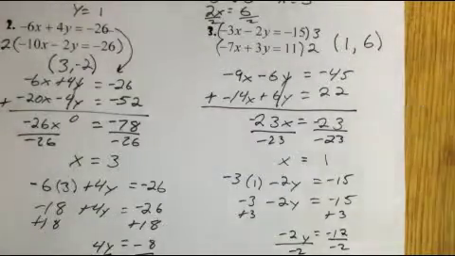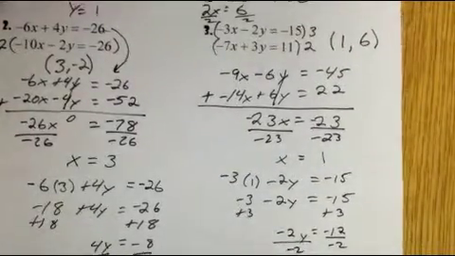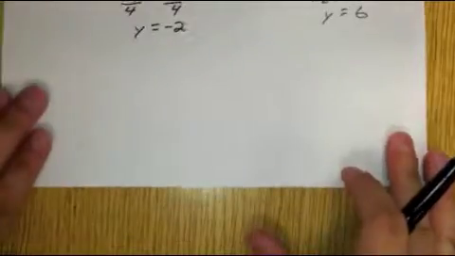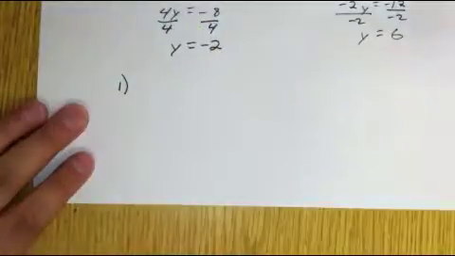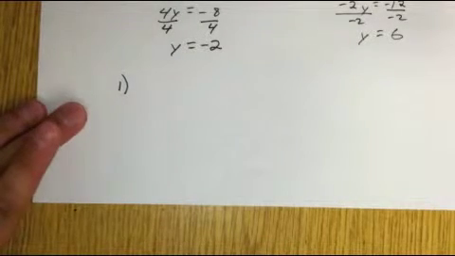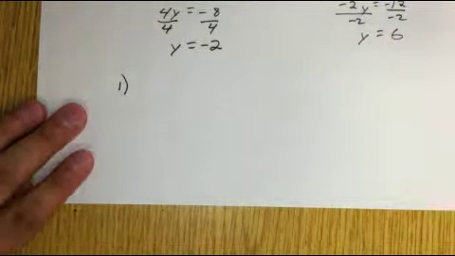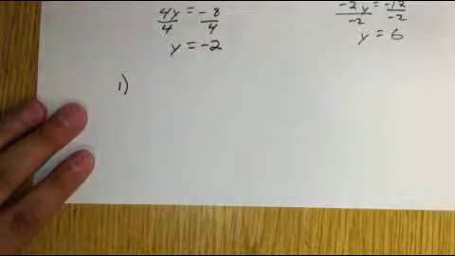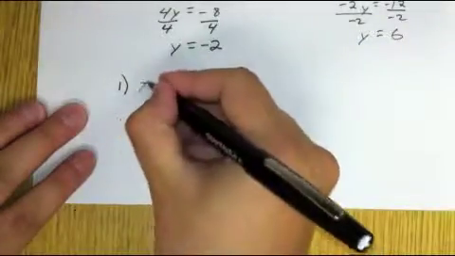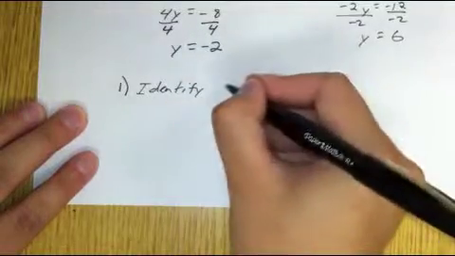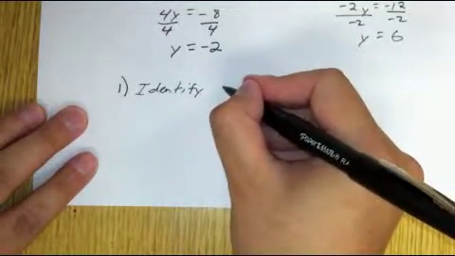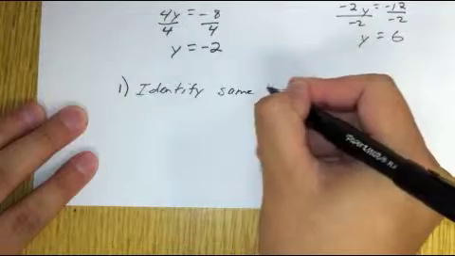Okay? All right, so in this whole process, maybe we can make up some steps to eliminate. What was the first thing you had to do? Okay, well, you could have identified numbers that are the same, one's positive and one's negative. Okay, so you need to identify same numbers.